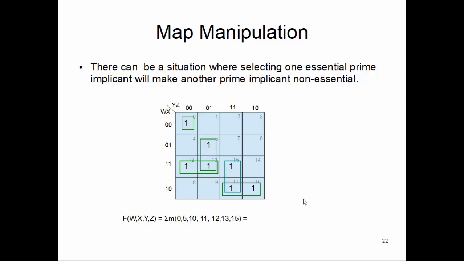So which one to take? If I take the red one, 13, 15, then it will make 15, 11 a non-essential group. Or we can take the blue group, 15, 11, which will make 13, 15 non-essential.